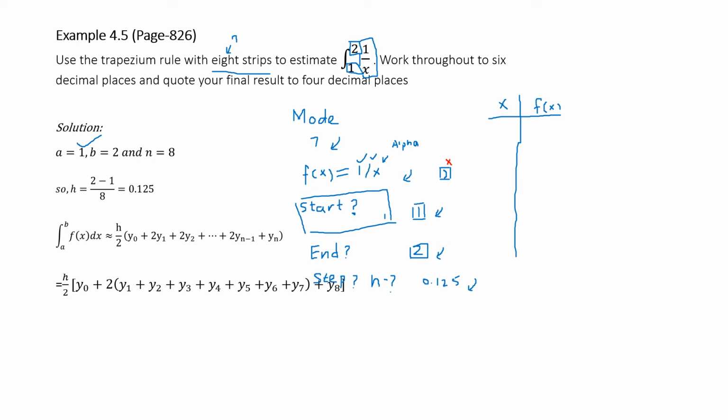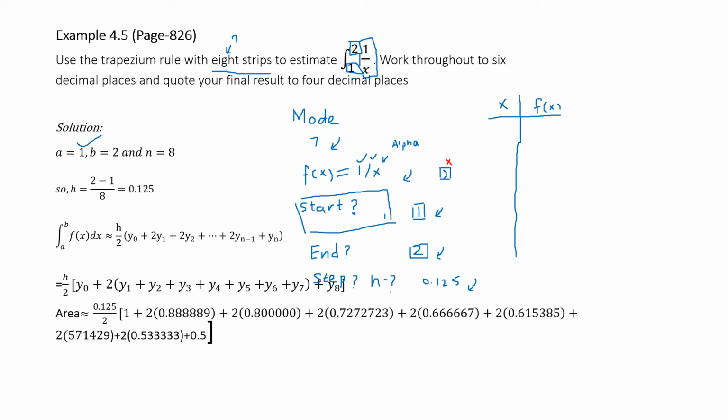The first y0 and the last y8 will remain outside of the parenthesis. All the remaining y in between will be added up and multiplied by 2. These are the values I have done with the calculator table.